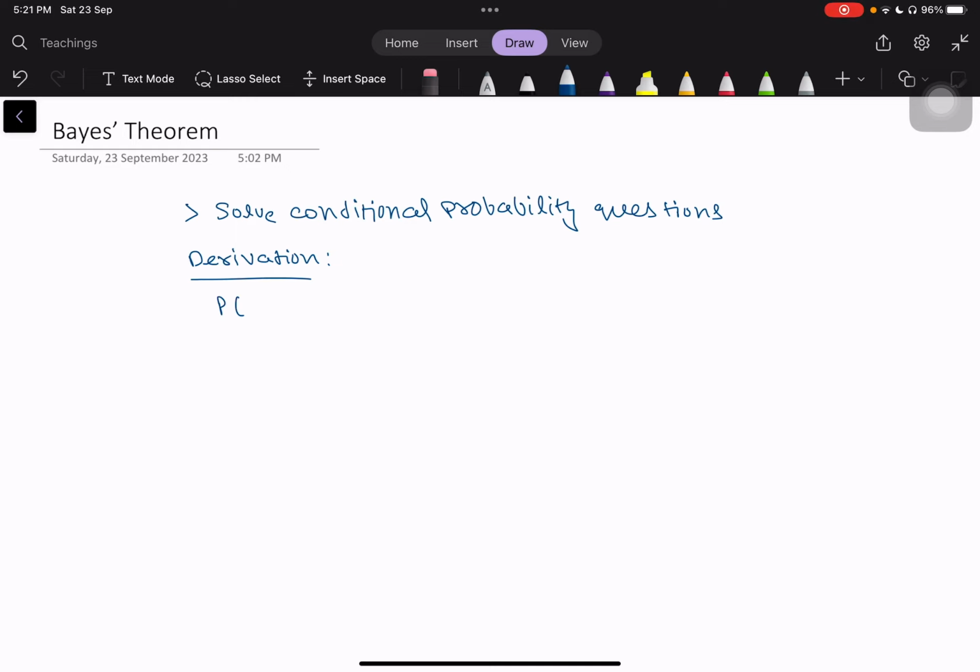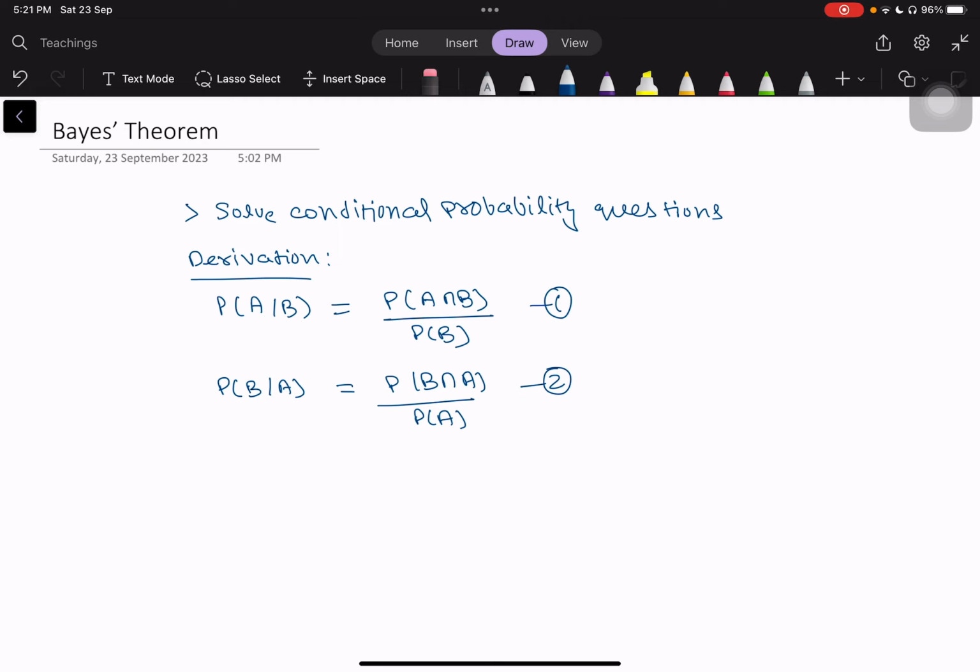So we know that probability of event A occurring given that event B has occurred is equal to probability A intersection B divided by probability of B. And we can also say that probability of event B occurring given that A has occurred is equal to probability of B intersection A divided by probability of A. Now, if we look at these two equations, we can see that probability A intersection B is equal to probability B intersection A. So what I'm going to do is substitute this value in this equation over here, right? So let's do that.